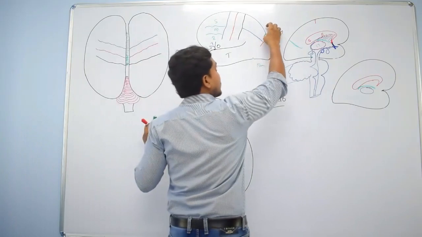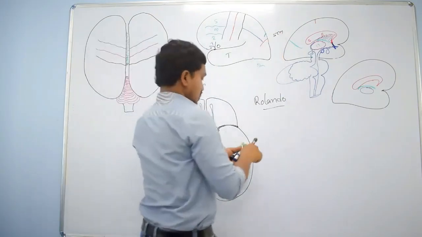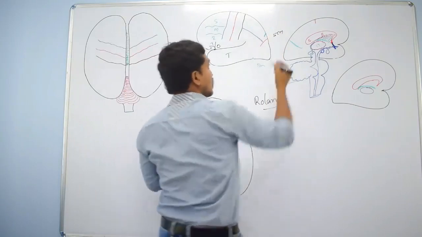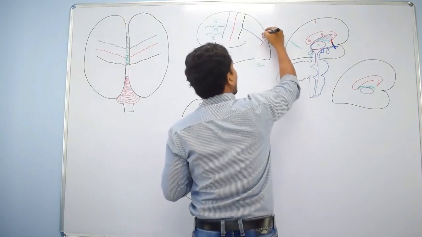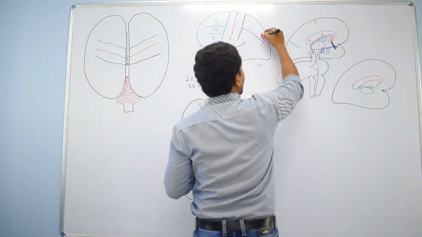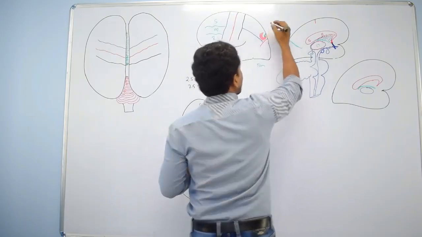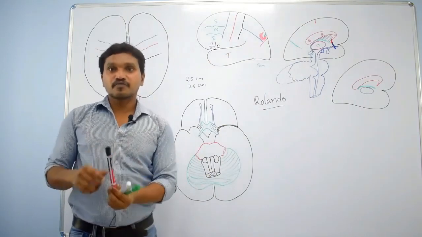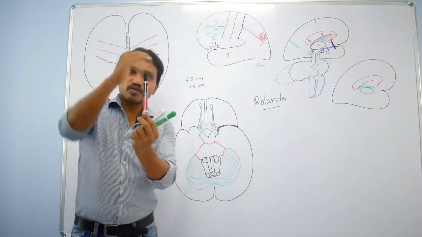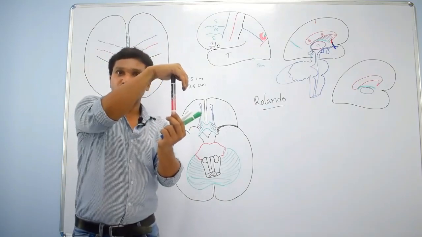Then there is a gyrus which is arched around the parieto-occipital sulcus. See here, this is a gyrus. Just imagine if the sulcus is like this, around this sulcus there is arch gyrus.